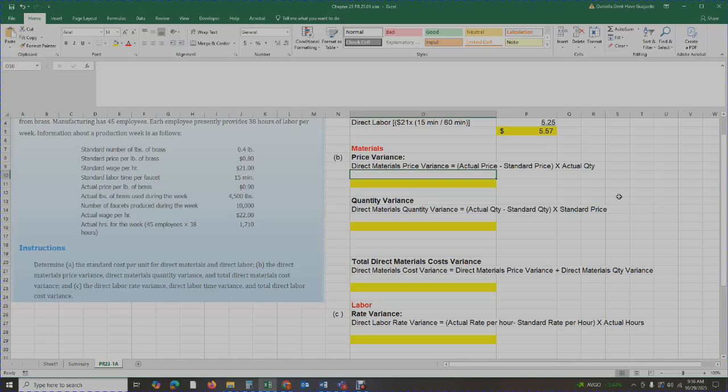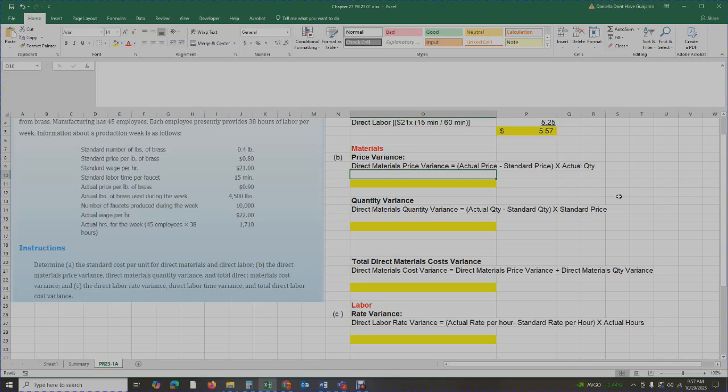How much did we actually pay for the materials? This is the real thing that happened. So we compare our estimates with our actual, and that is where we figure out the variance. Then we have to identify why we have a variance. What made us think that we were going to spend X amount when we actually came in much higher? That is where the analysis portion comes in.